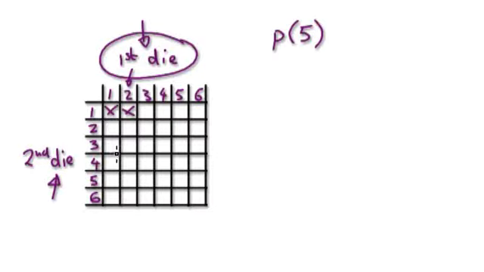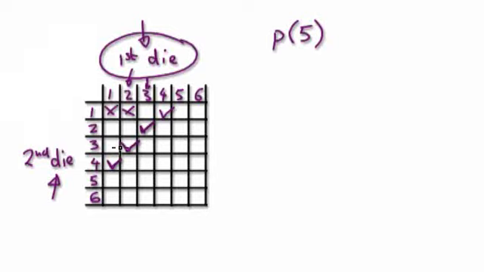Well, that's no good. Well, actually, you're interested in this one here. You could get a 3 and a 2, okay? Or, on this side here, a 3 on the first die and a 2 on the second die. So this would be good. You could get a 4 and a 1, okay? Or you could get a 1 and a 4, okay?